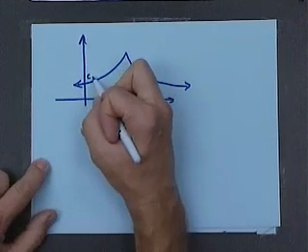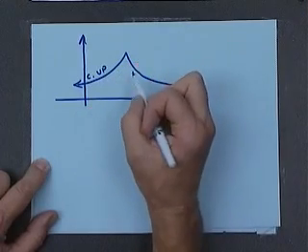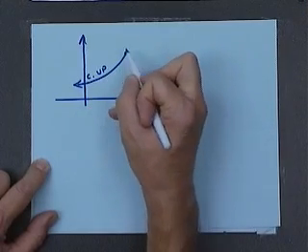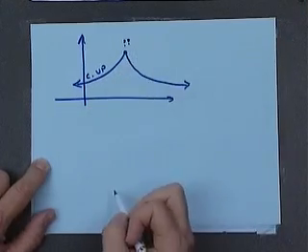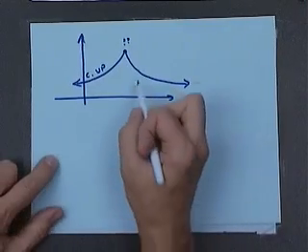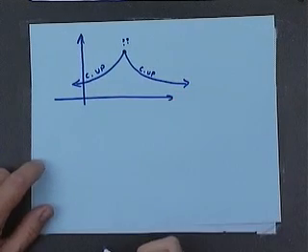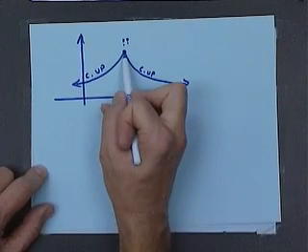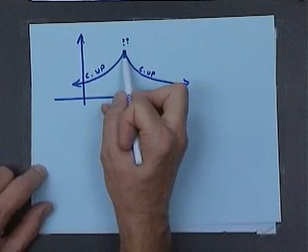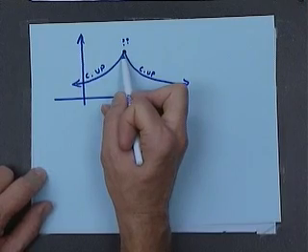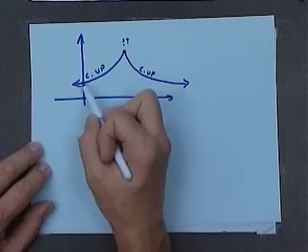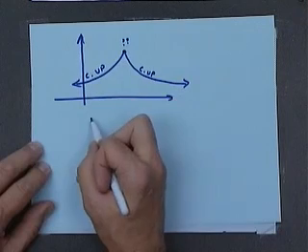This piece of the graph is concave up. Here's our possible point of inflection. Is it a point of inflection? I don't know until I actually check it out on both sides. This is also concave up. So is that possible point of inflection in reality a point of inflection? It's not. It did not change concavity.